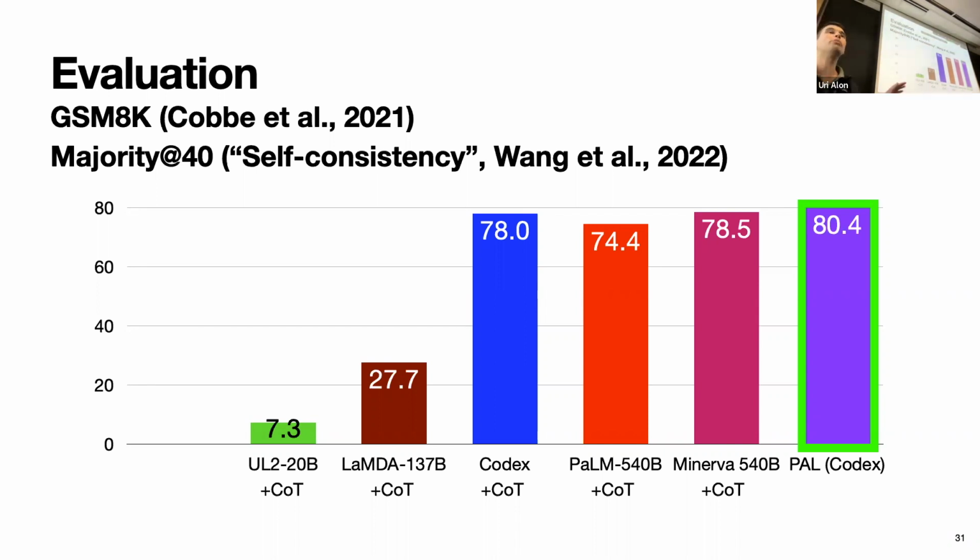And as you can see, all models improve and the gap between PAL and the baseline decreases, but PAL is still at least or almost 2 points better than the best baseline, even when letting each model have 40 different samples.